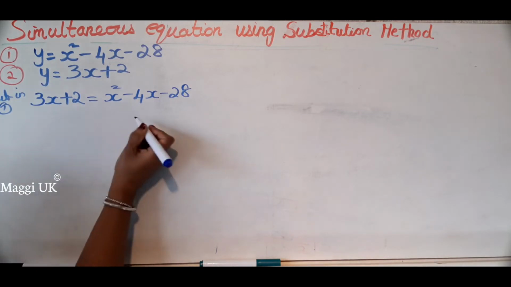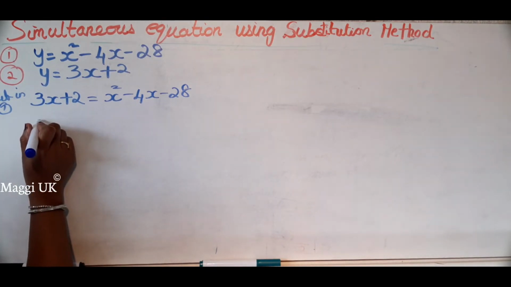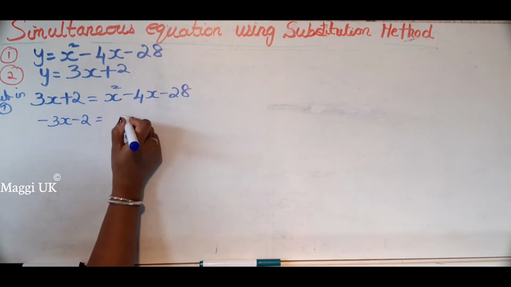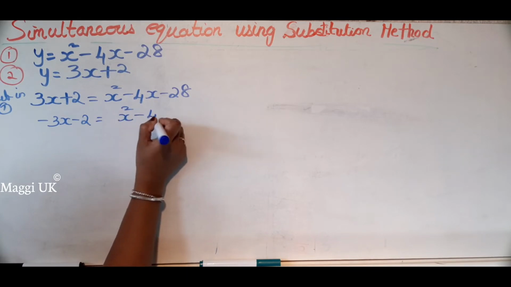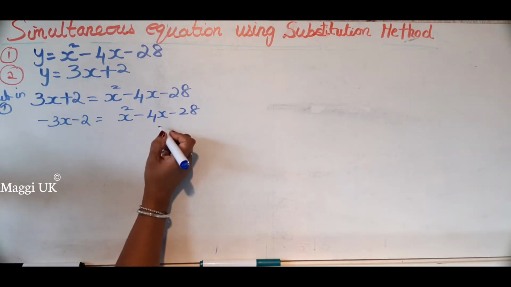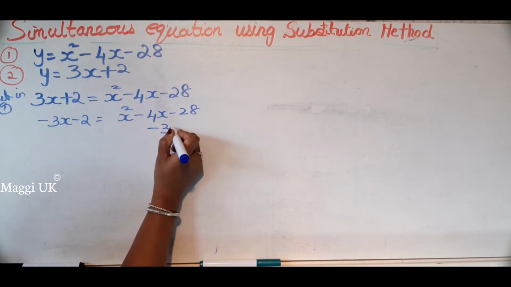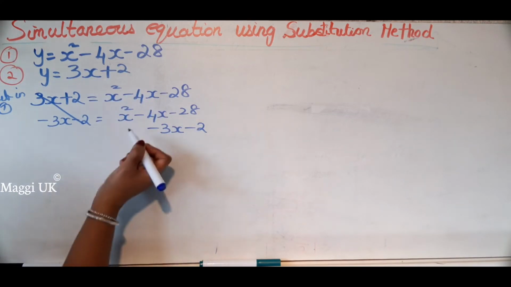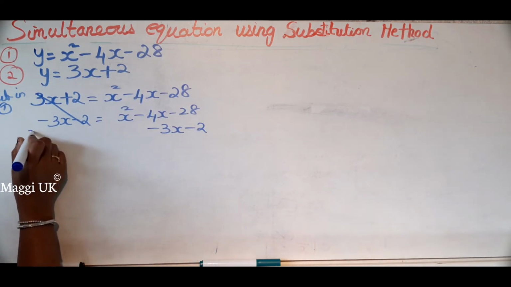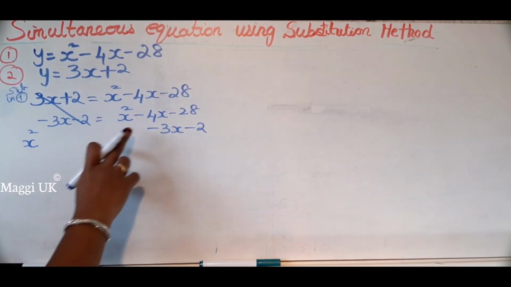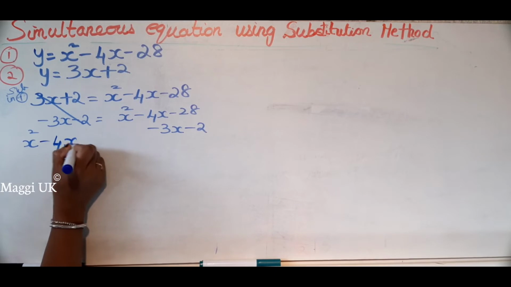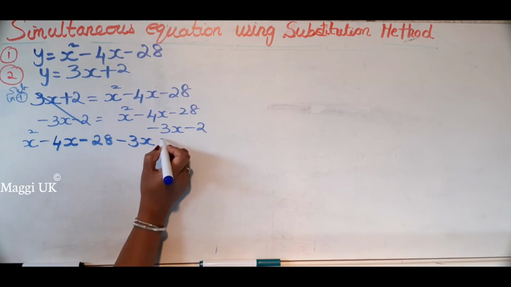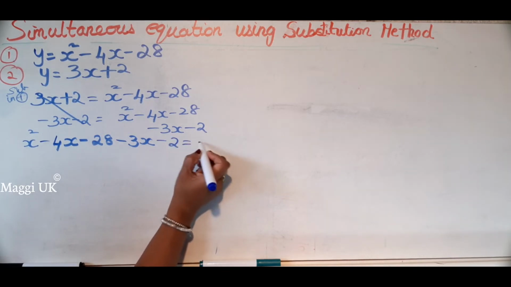Then you bring it to the other side, so it will be minus 3x and then minus 2. So you put x squared minus 4x minus 28 minus 3x minus 2 equals 0, and the left side cancels.